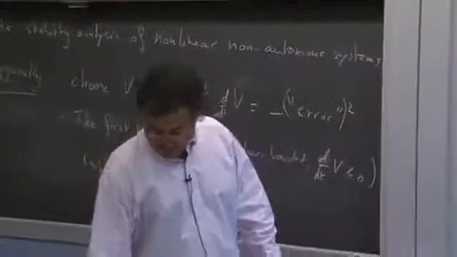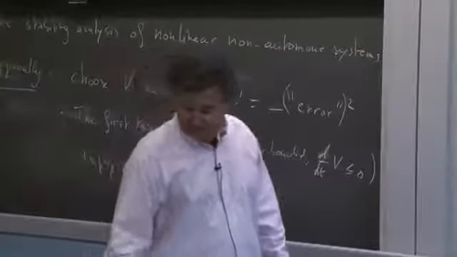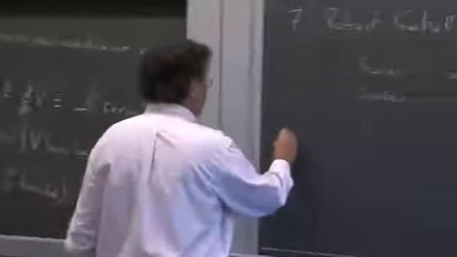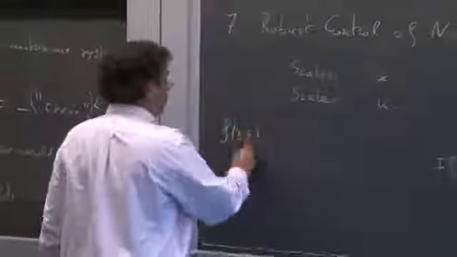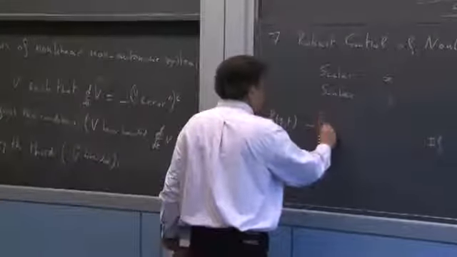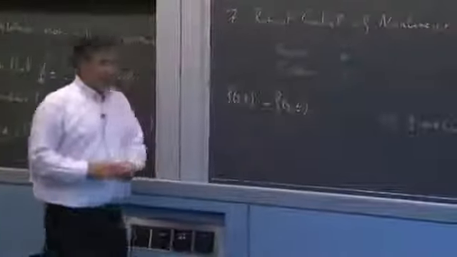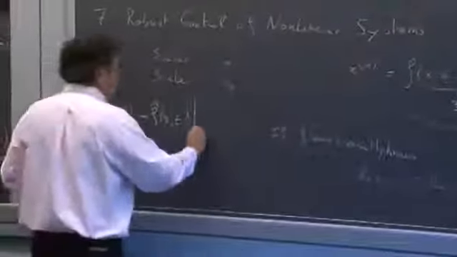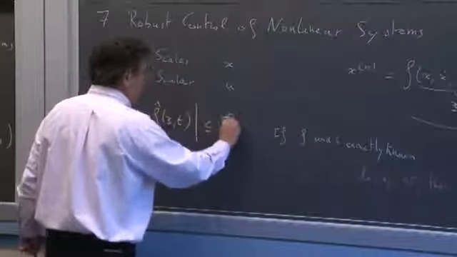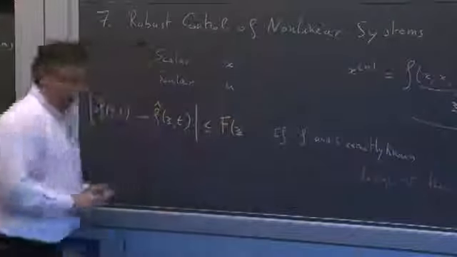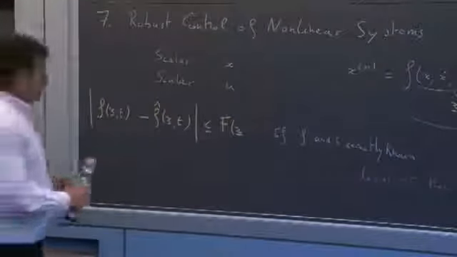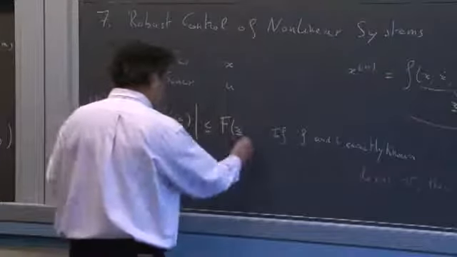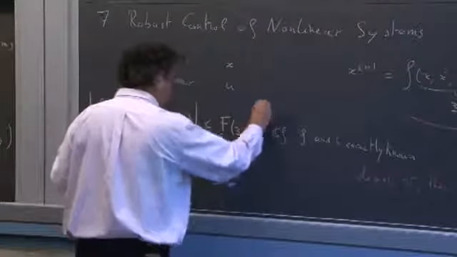So what we're going to look at is the case where you have F, which you don't know, but you have a simplified estimate of F that you do know, and the error of that estimate is less than some f of x, t.